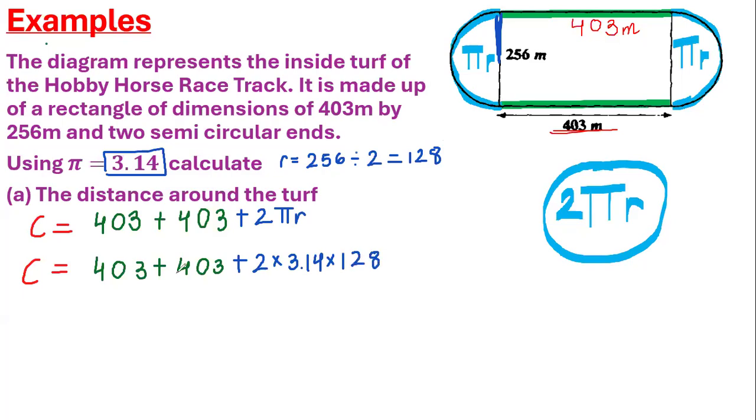Next, what do we do? Okay, well, what is 403 plus 403? It's gonna be 806. Plus 2 times 3.14 times 128.